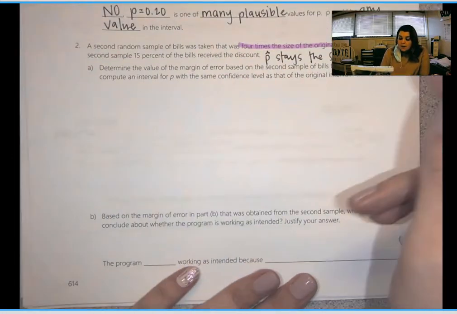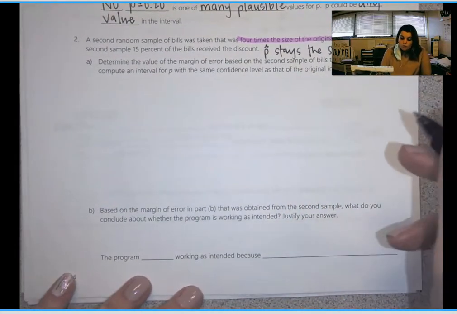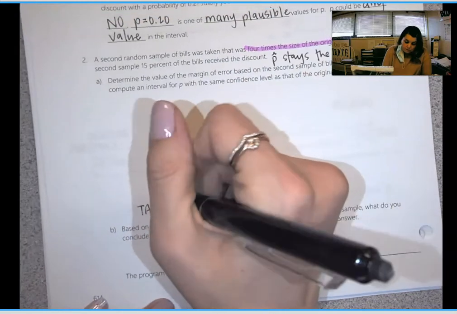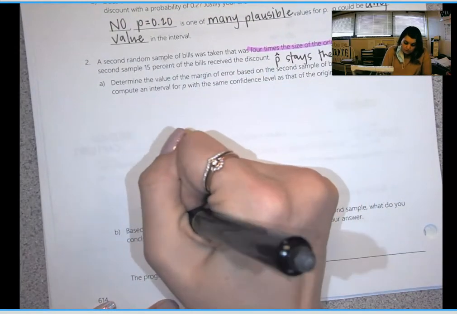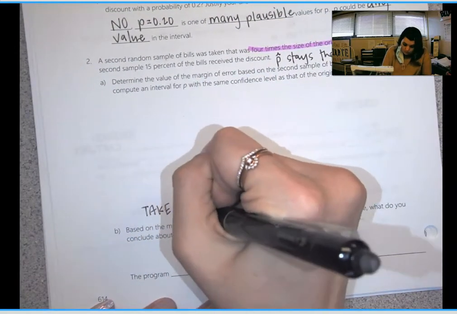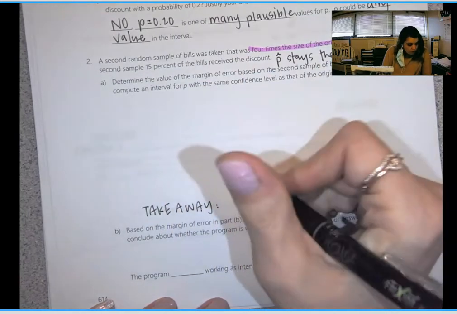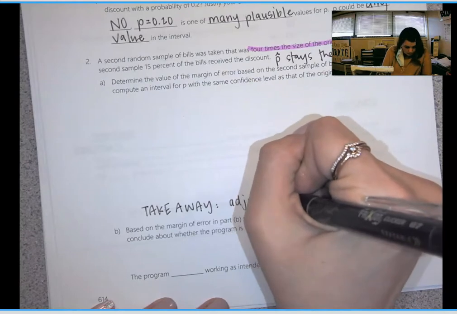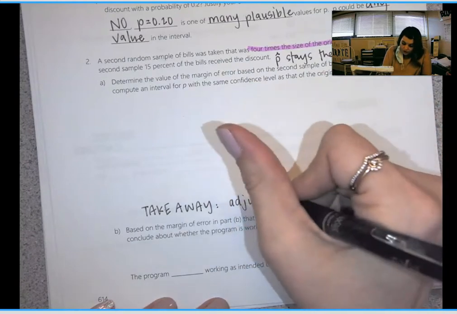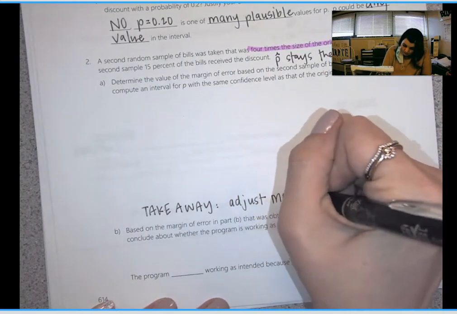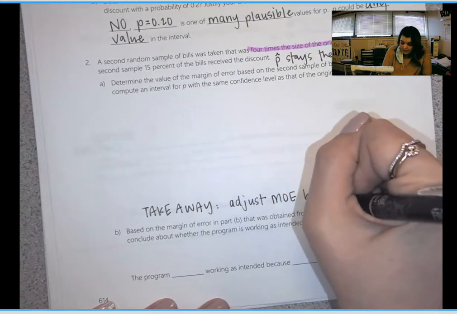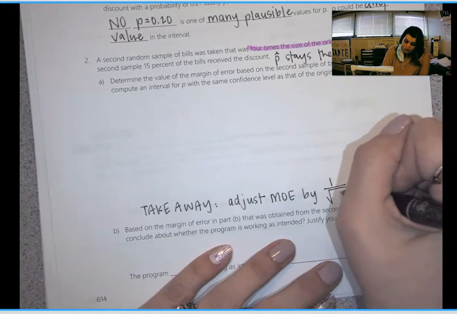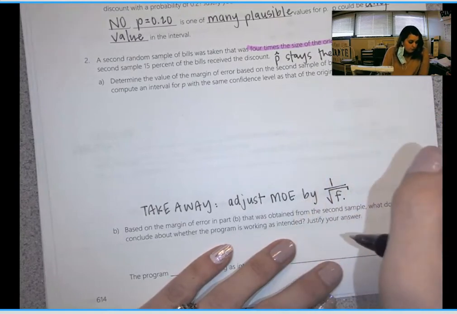So what the math is going to show you, what the takeaway is, you will adjust the margin of error by 1 over the root of f.